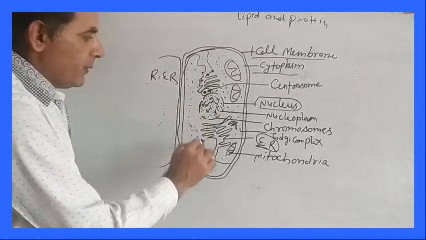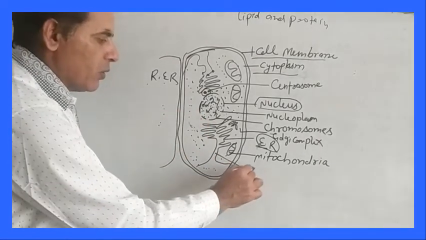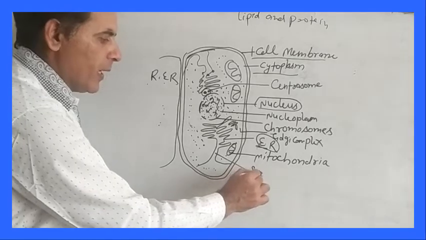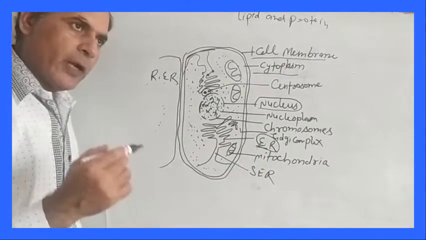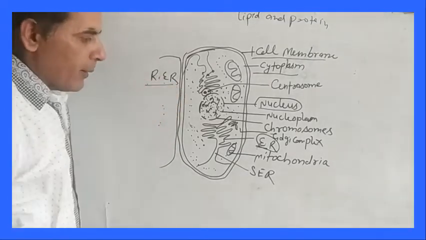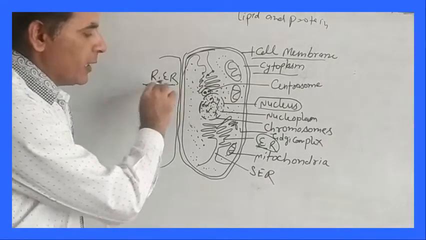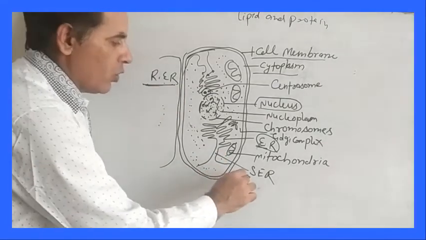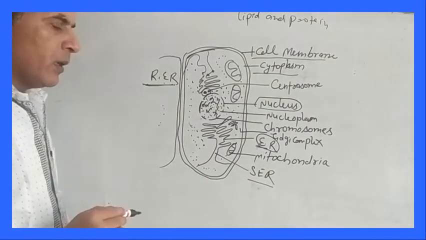The other does not have granules or ribosomes, and is called smooth endoplasmic reticulum.